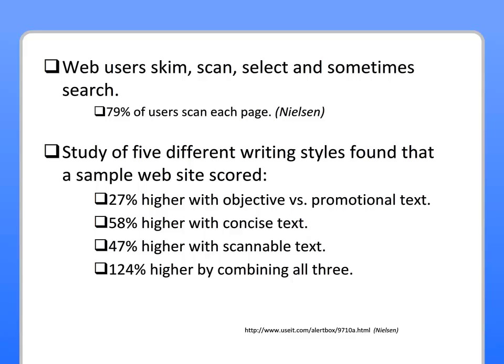And then when there was a study of 5 writing styles, this is how a sample website scored. 27% higher with objective versus promotional text. 58% higher with concise text. 47% higher with scannable text, and 124% higher by combining all three. What that means is a better user experience when you can find the right combination.